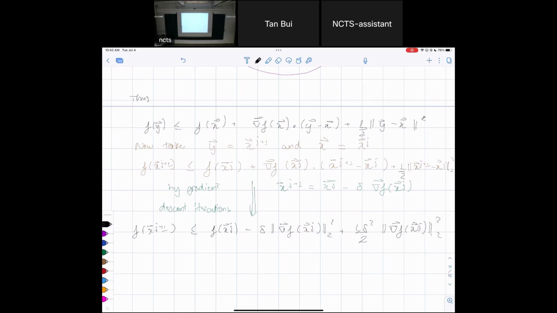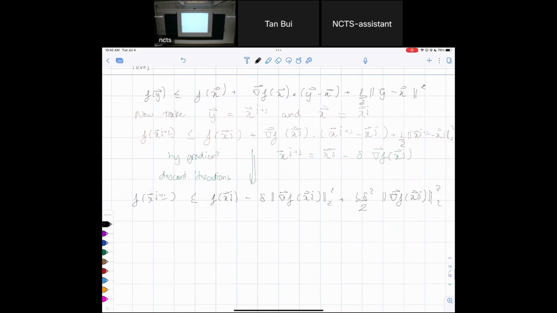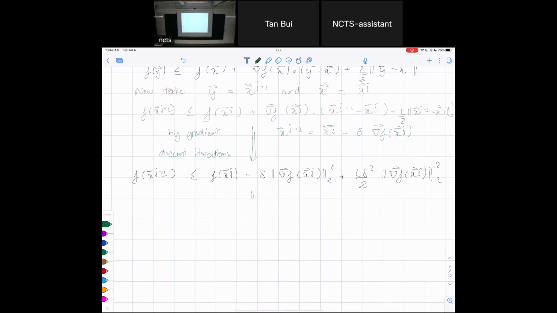Now we can combine. This implies that f of x_{j+1} is less than or equal to f of x_j, and then now it's just grouping things together: minus delta times (1 minus L delta over 2) times the norm of the gradient of f of x_j squared.